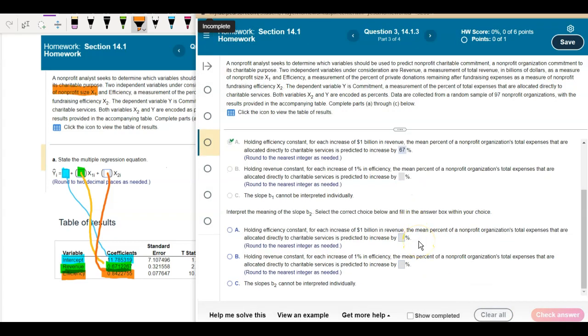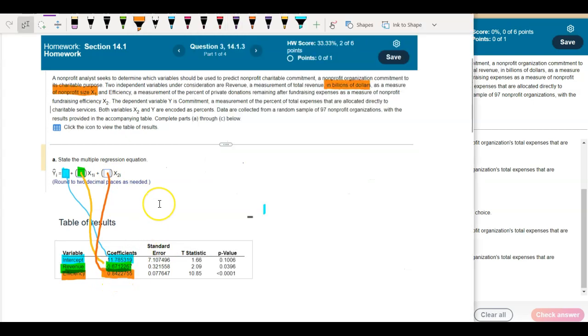Right now we are defining B2, and it is the same process. B2 means we're going to maintain X1 constant, increase the value of X2 by 1 unit, and the result will be an increase in Y by the value of B2. The B2 we know is 0.84, and we need to define X2 now.